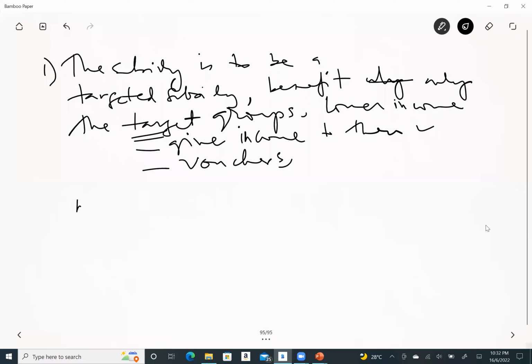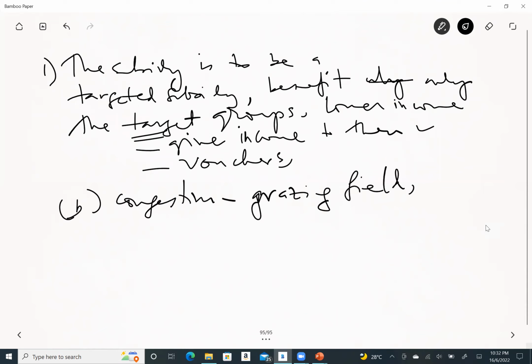Okay, now for part B, the football game in the household. So you have what? You have congestion. Now, this problem is similar to the grazing field problem. So if you remember, we're talking about the cow. Remember the grazing field? The grazing field or the playground. Or you can use the congestion problem.